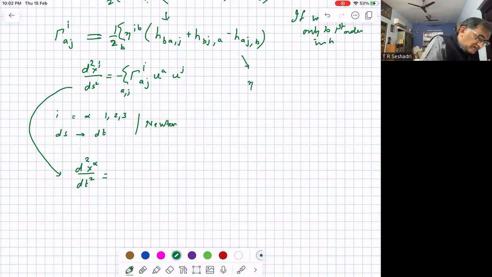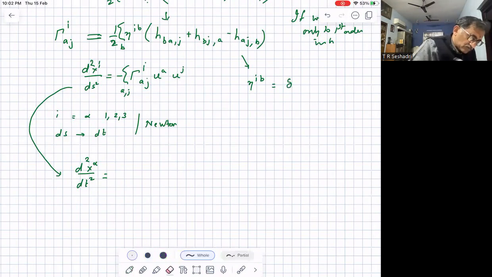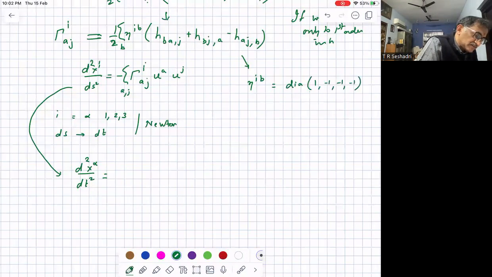Now, eta IB is equal to what? It is diagonal 1, minus 1, minus 1, minus 1. Yes, it is Minkowski. But these are the ones which are related to space.